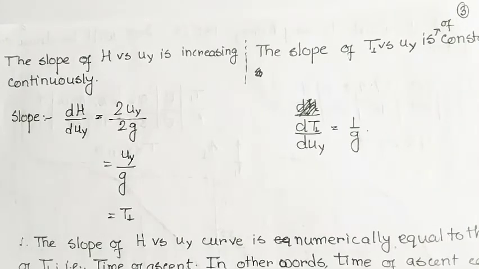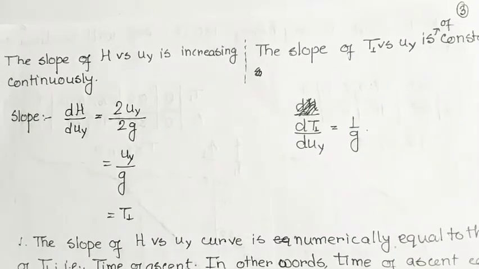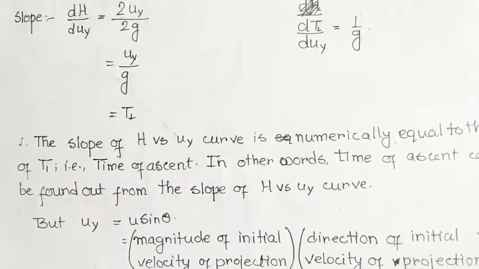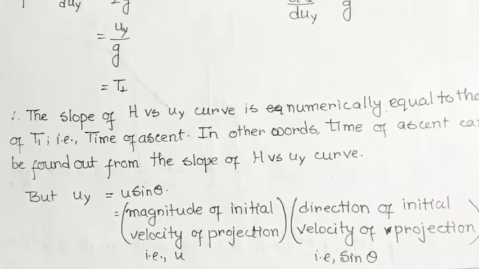So these two values are numerically equal to this, that I want to tell you. But what is uy?